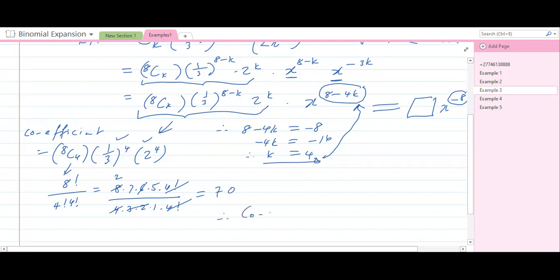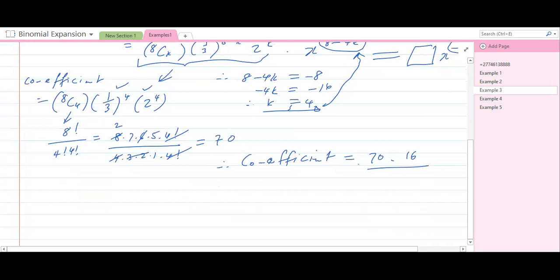Therefore, the coefficient is equal to 70 times 2 to the power 4, which is 16, over 3 to the power 4, which is 81.